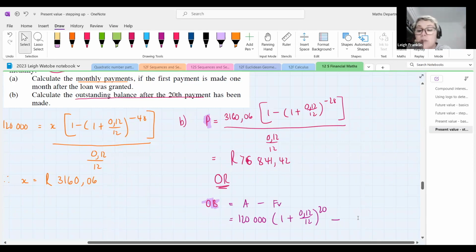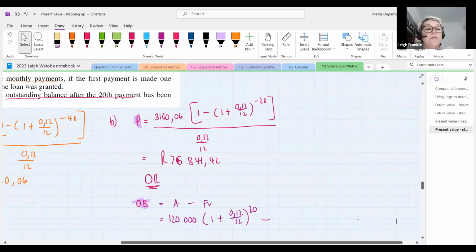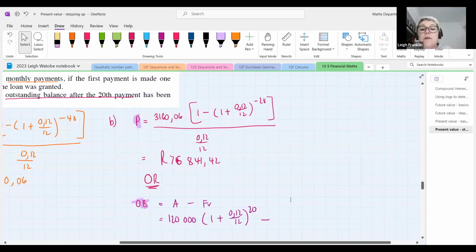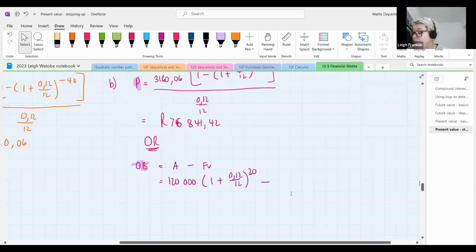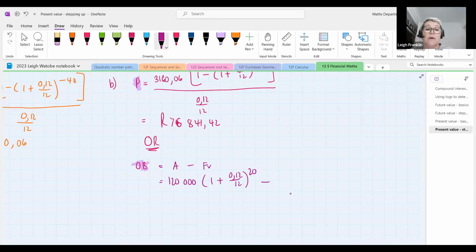Now I'm just going to scooch over a little bit here. I wish we could fit so much more onto the screen. Now I'm subbing into the future value formula.